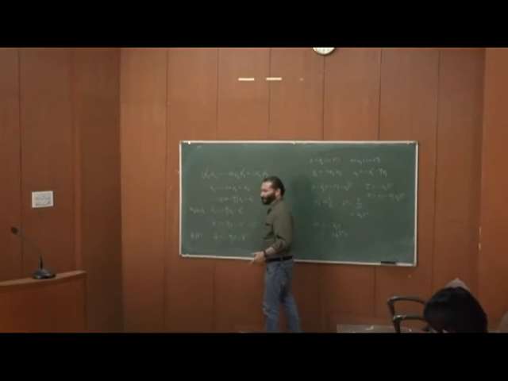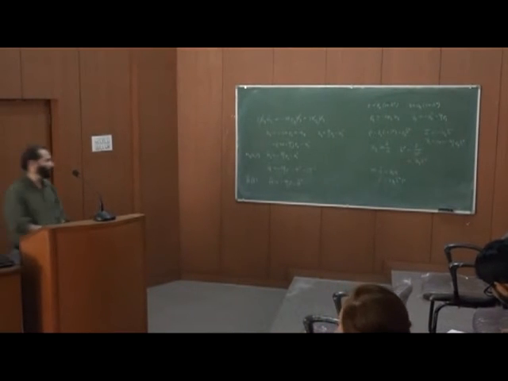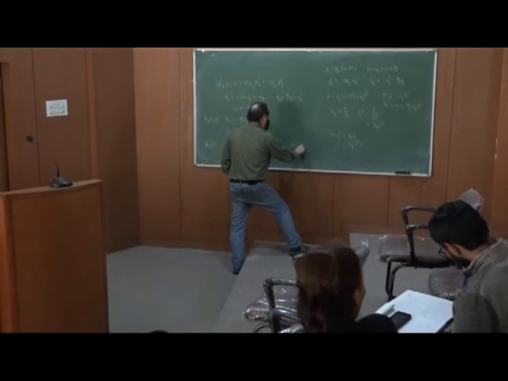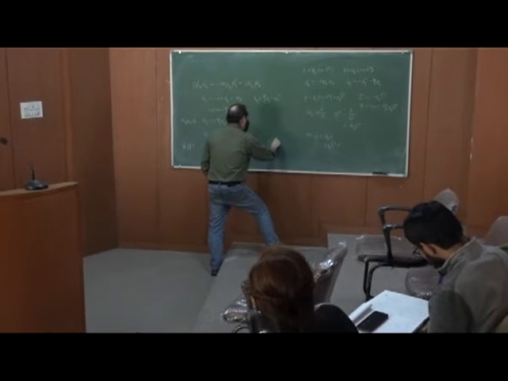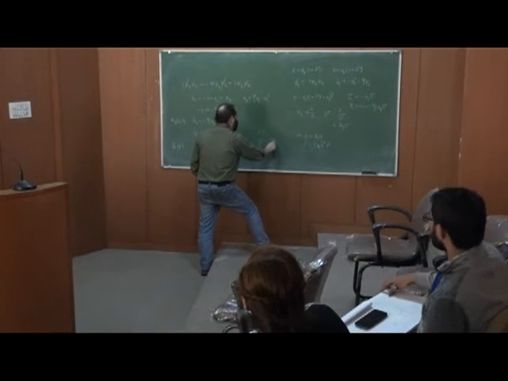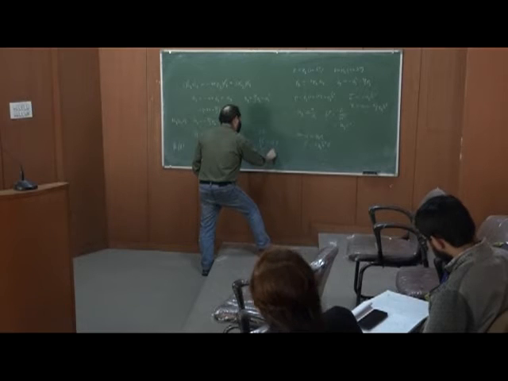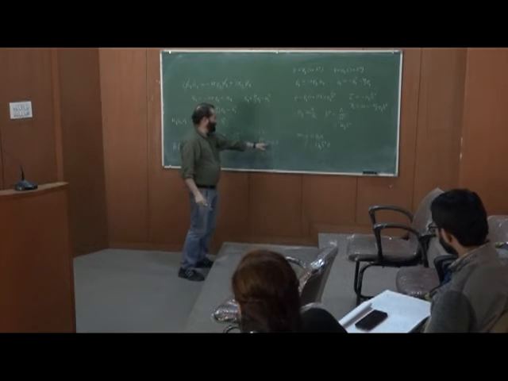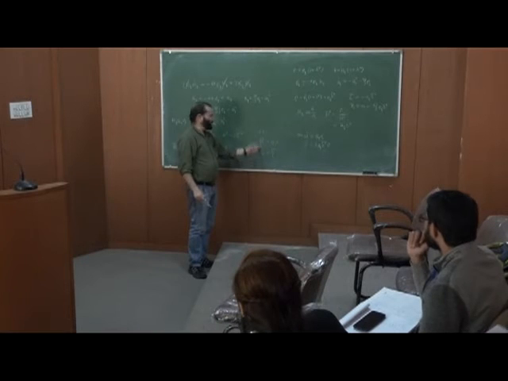So how do you determine the metric functions of the standard? See, if you have A, then you obtain R, big R, which we are calling here Y. Big R is simply this, and R prime by R is simply this. So once you have A, you obtain R, and once you have gamma, you obtain R prime.